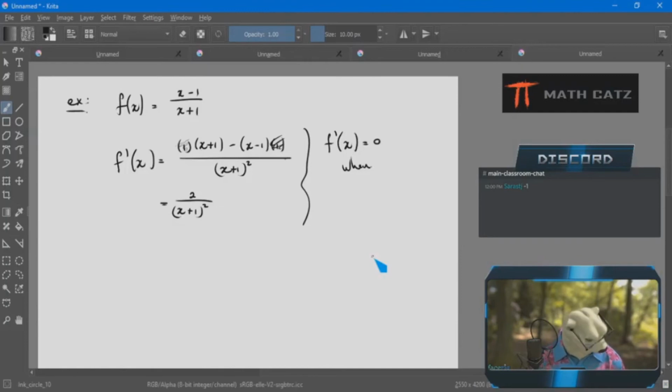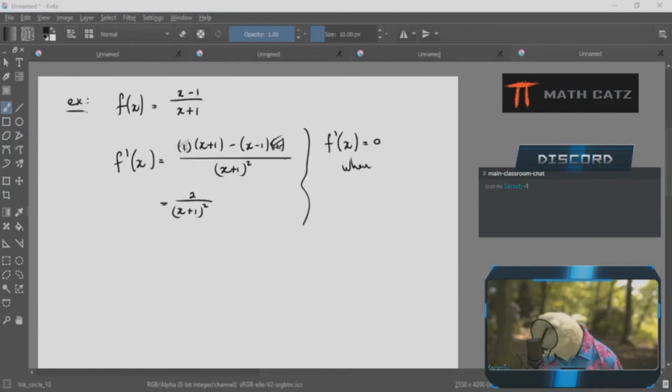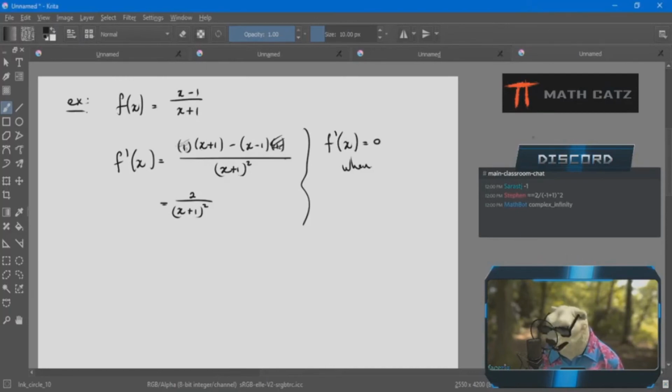What do you get? Put it into your calculator. Let's do it. 2 divided by -1 plus 1 bracket squared. Bad times, bad times. Undefined. Because when I plug in -1, I'm dividing by 0.